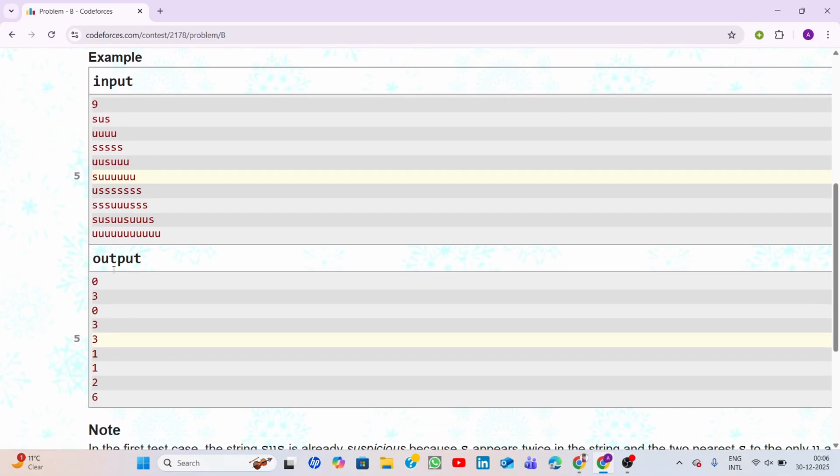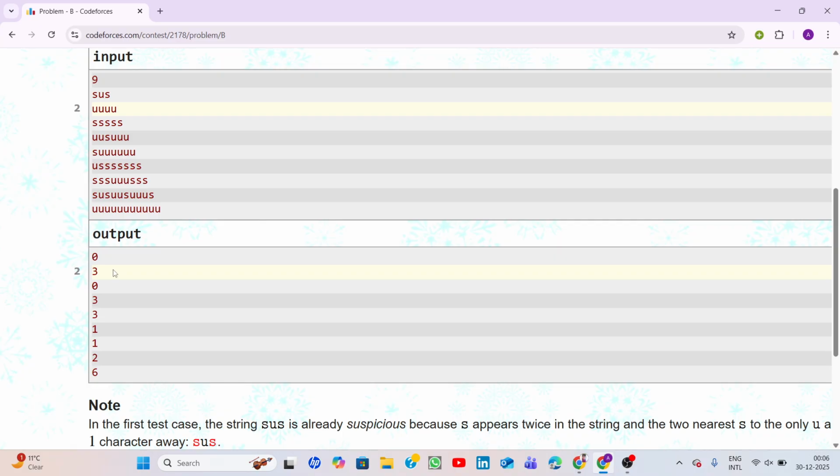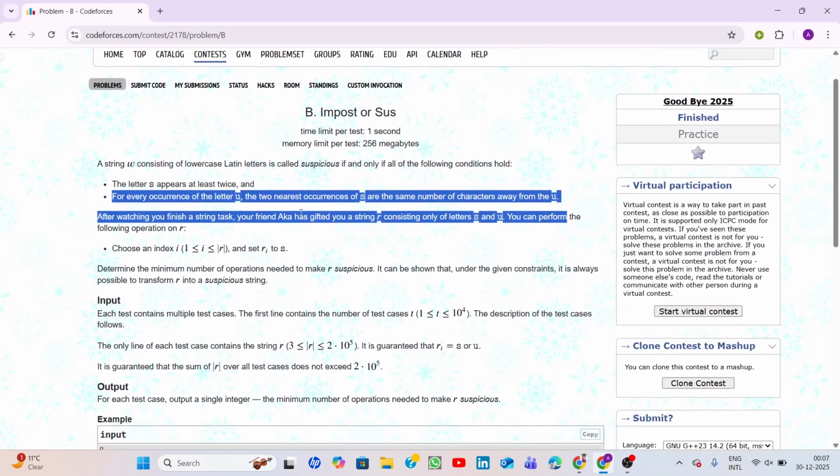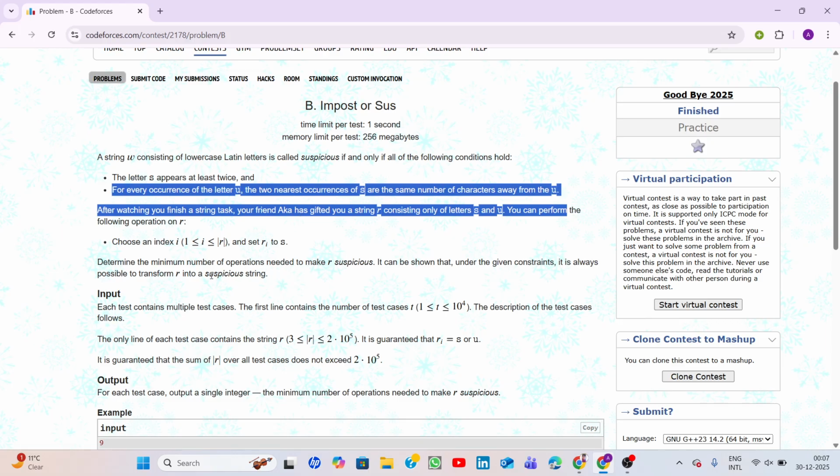Remember what that was? You are given a string, and you are asked to do some operations on it and determine the minimum number of operations to make it suspicious.